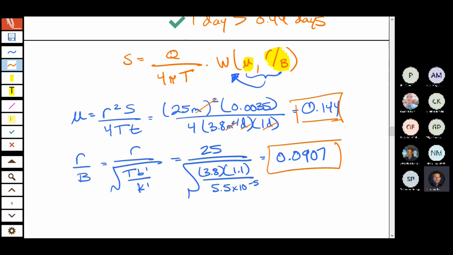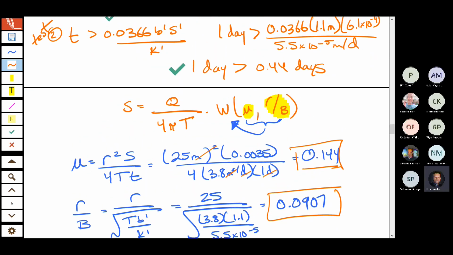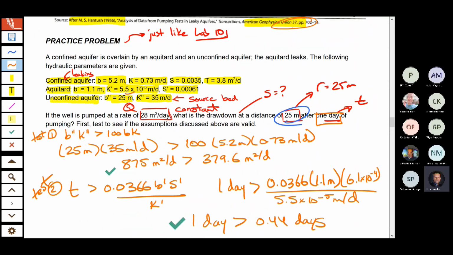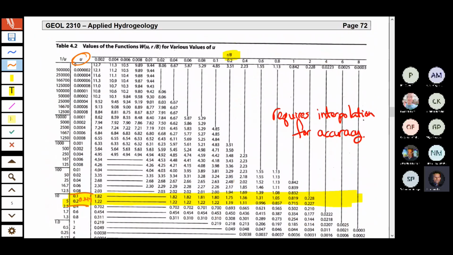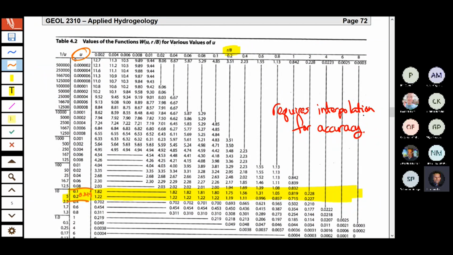Okay, so I have all the data that I need in order to do my interpolation. If I go back, remembering what this value was, 0.0907 for the ratio of R over B, that's going to put me right about somewhere in here, right? 0.0907 between 0.08 and 0.01.